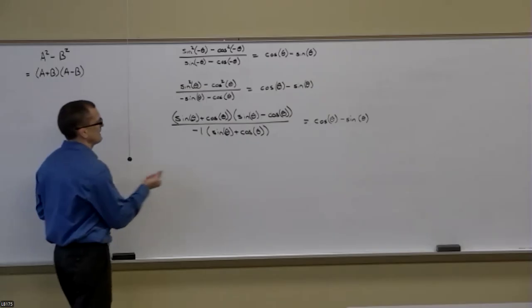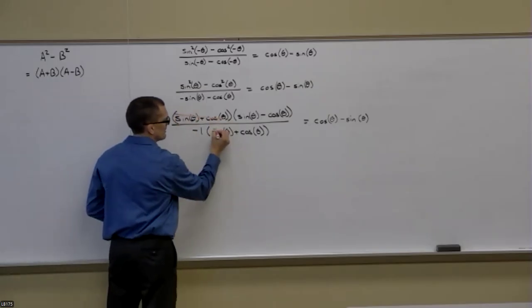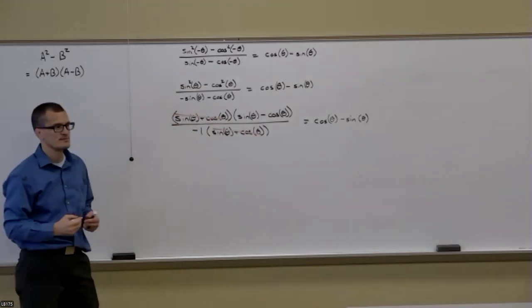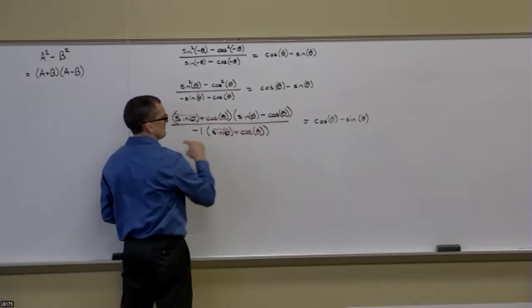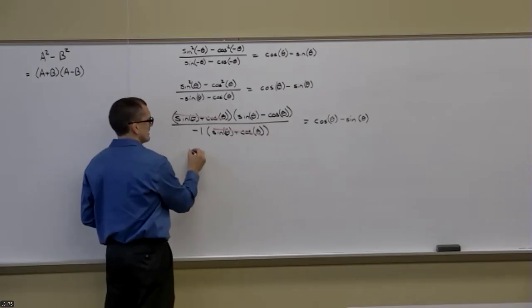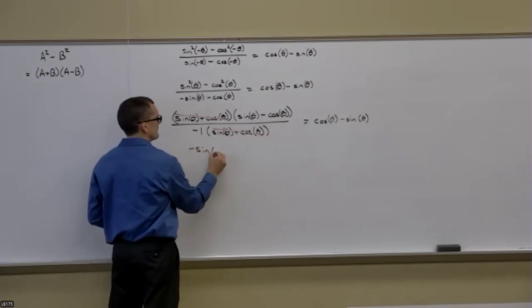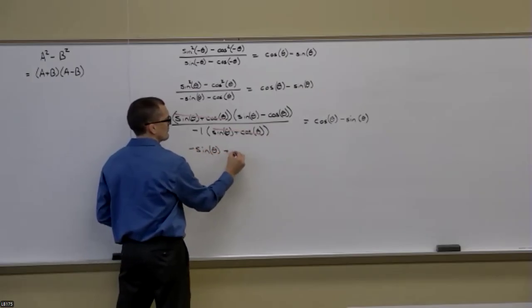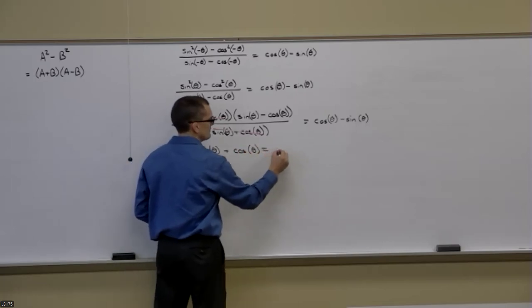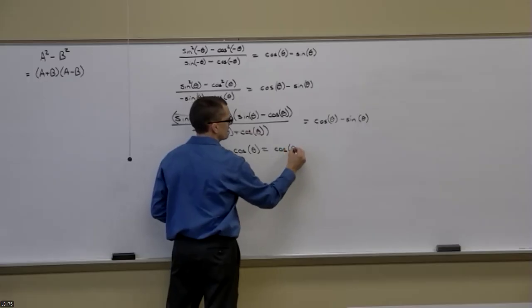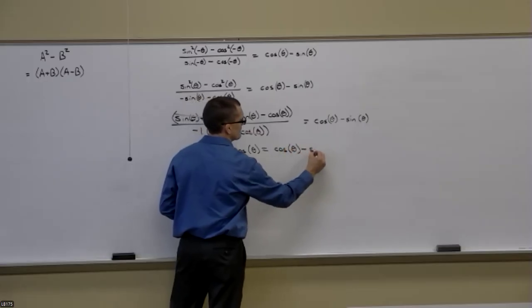And what would have happened is that this term and this term would have canceled each other out. I had sine minus cosine divided by -1. That's a negative sine plus a cosine is equal to cosine minus sine.